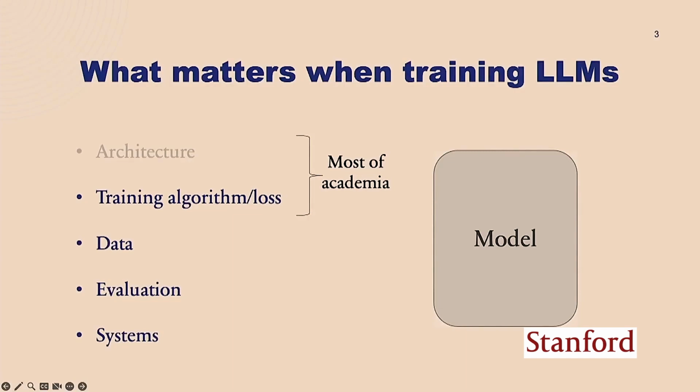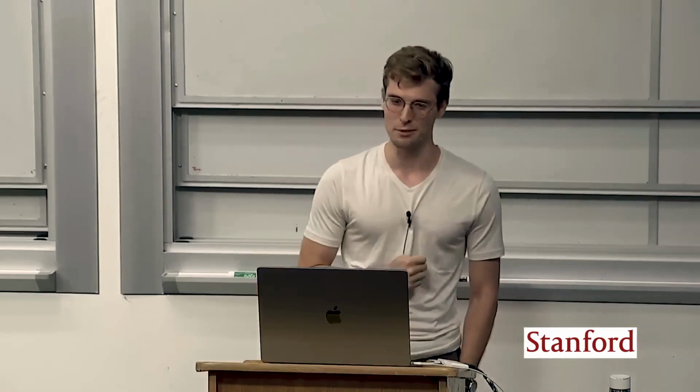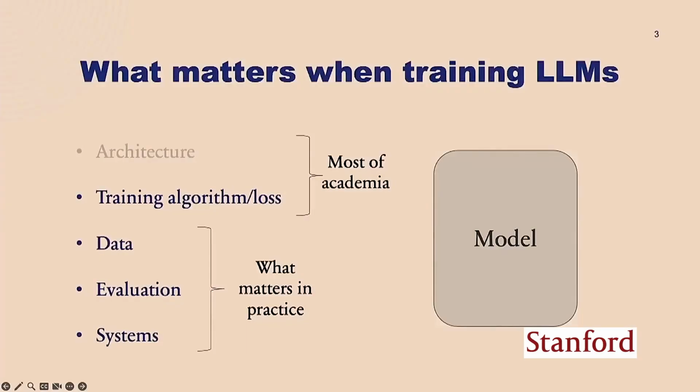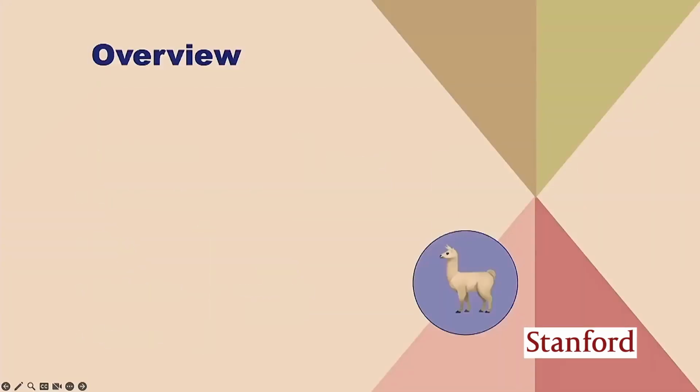As academics, and I've done that for a big part of my career, we like thinking that we make new architectures, new models, and it seems very important. But in reality, honestly, what matters in practice is mostly the 3 other topics: data, evaluation and systems, which is what most of industry focuses on. That's also one of the reasons why I don't want to talk too much about the architecture, because really the rest is super important.